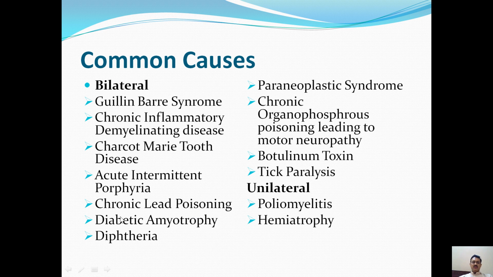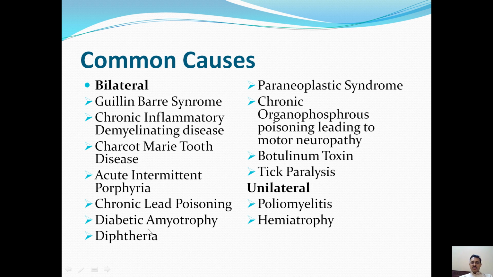Chronic lead poisoning may also cause a pure motor weakness, but usually this is seen in patients who dealt with lead pipes in the old days, probably about 20, 30, 40 years back. Pipes were made of lead, and plumbers usually did have this type of neuropathy.